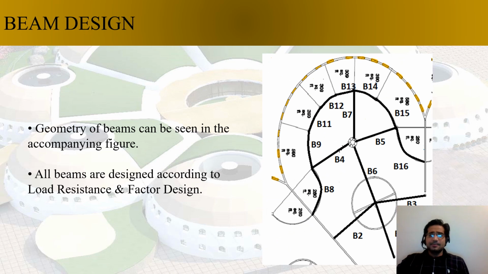Beam design, you can see that the bold portions are the beams, the curvilinear beams. It's the geometry of the beam, so that can be seen here as I just marked it up. These are the beams you can see, and the beams are designed using the LRFD method.